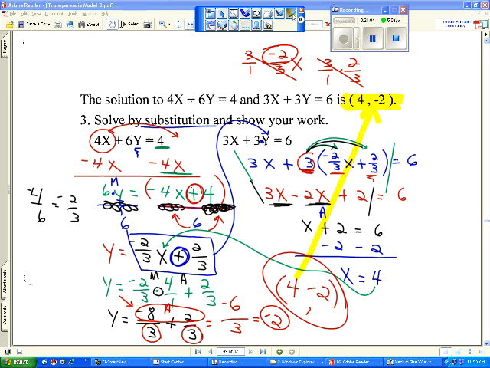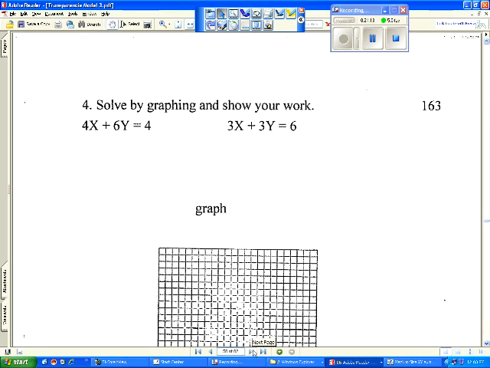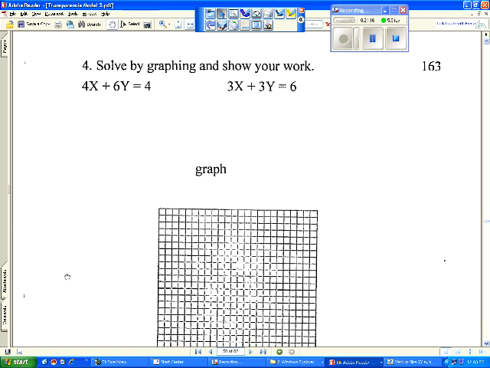All right, number 4. It says solve by graphing and show your work, the exact same equations. So we already know the answer is 4, negative 2. We just figured that out, right? Now how are we going to solve by graphing? Got to get them both in slope-intercept form because we need to name the slope and y-intercept of both of them, right?